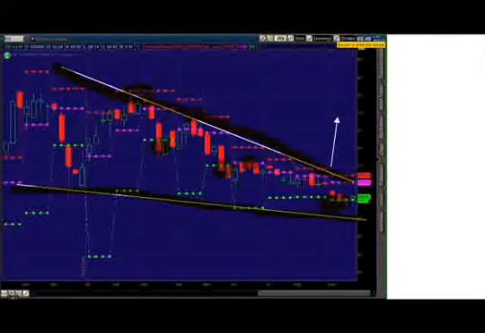So generally in declining wedge patterns, as these white arrows show, we generally see a breakout to the upside. Now once again, this would be inverted to the euro currency. So we would be looking for the euro currency against the US dollar to go down.